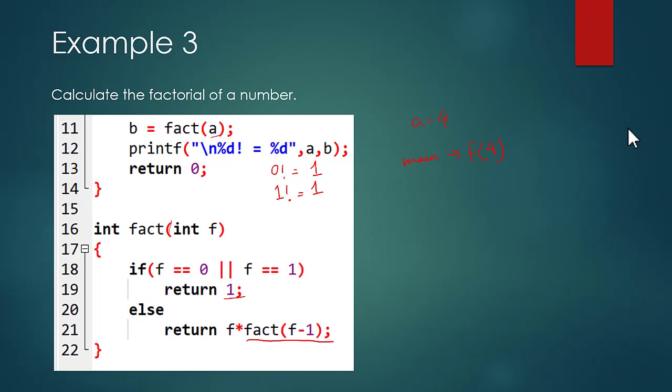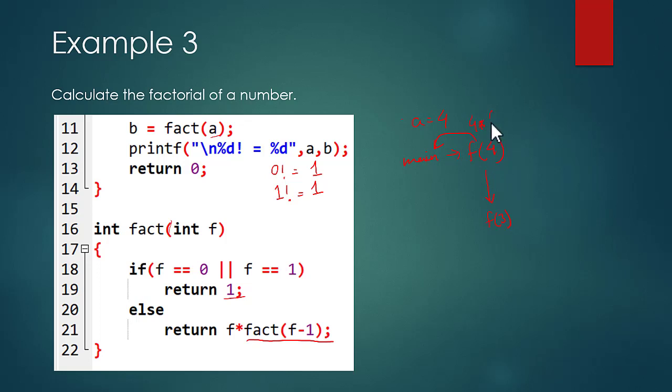Now it will call itself with the value f minus 1, that is f(3), and it will return the value to its calling function. So what value will it return? f into f(3).